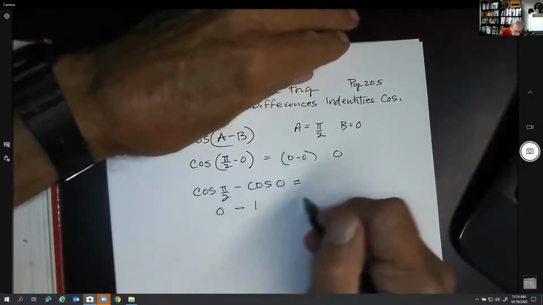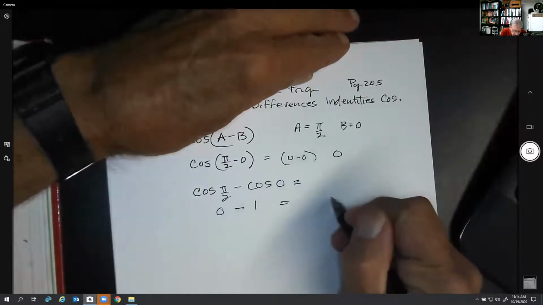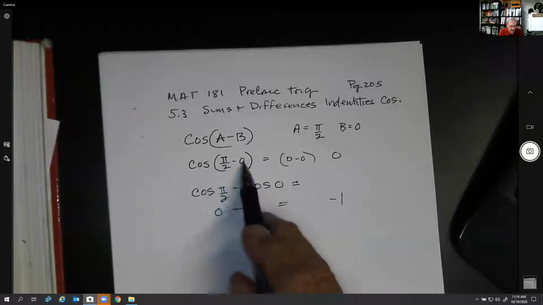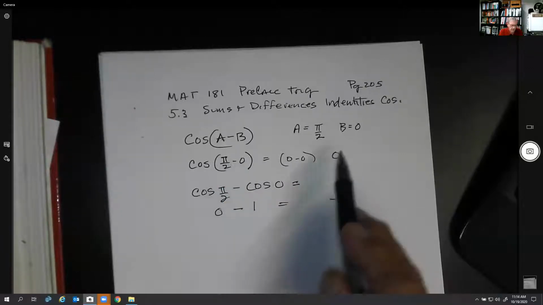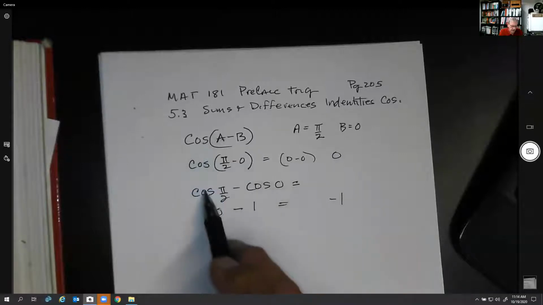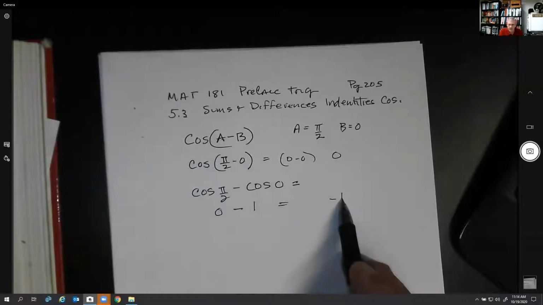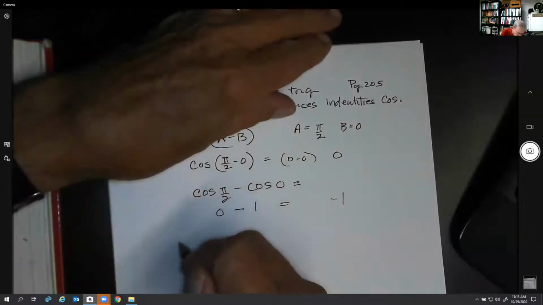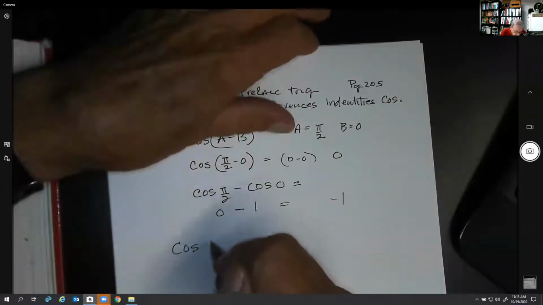The cosine of 0 is 1. And we get negative 1. You see, the answers aren't the same. If we just subtracted these, we get 0. But if we distribute it out, we get negative 1. So that's not correct. So what is the cosine of A minus B?